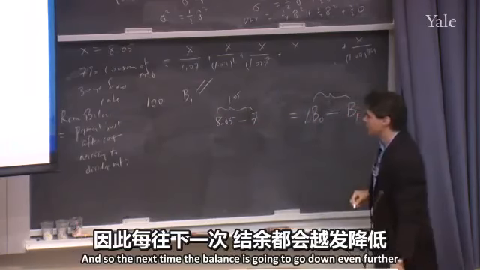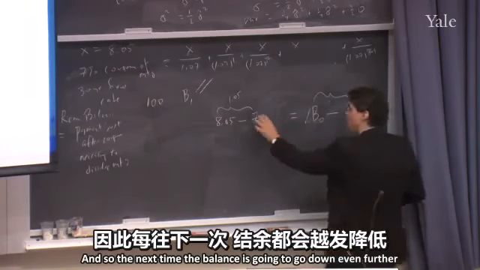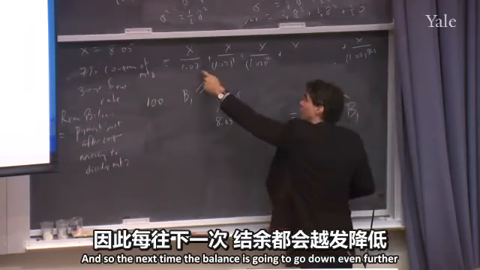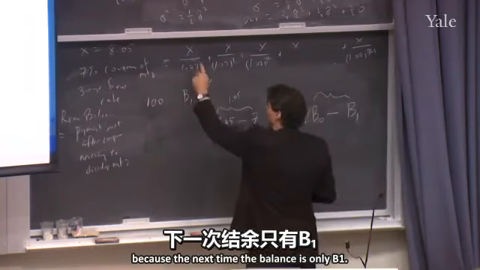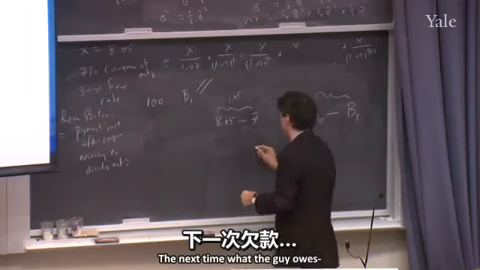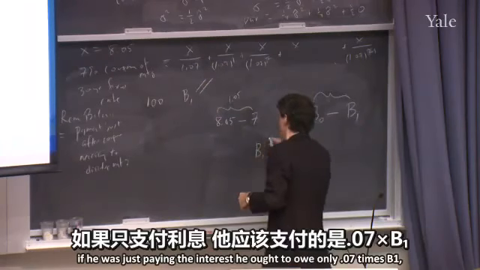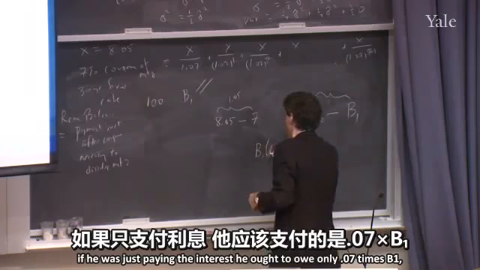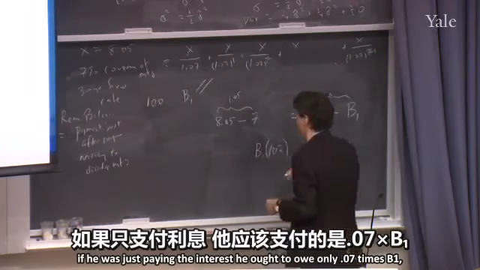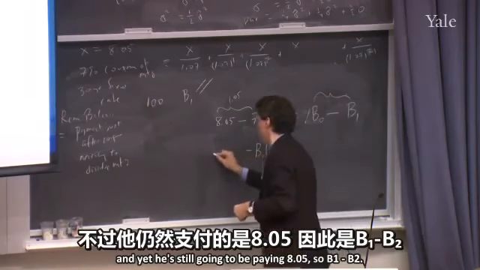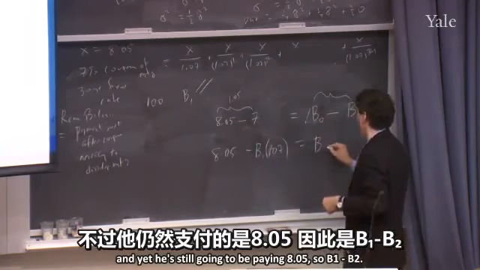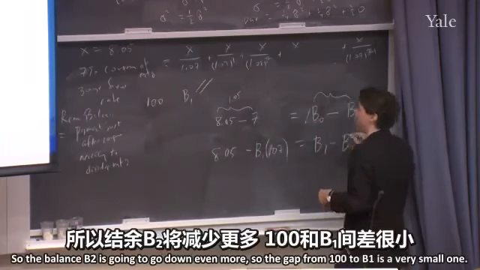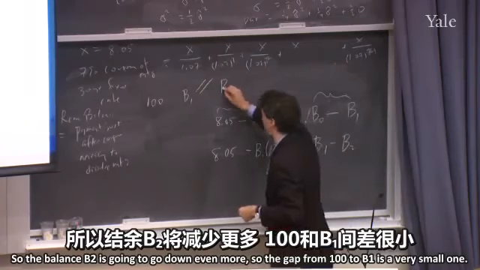The next time, the balance is going to go down even further, because the next time the balance is only B1. If he were just paying the interest, he ought to owe only 0.07 times B1, and yet he's still paying 8.05. So B1 minus B2, the balance B2, is going to go down even more.